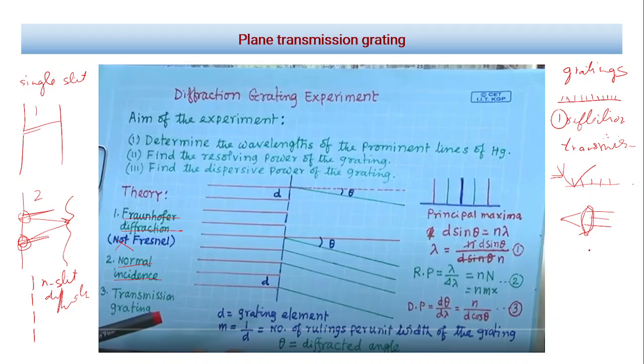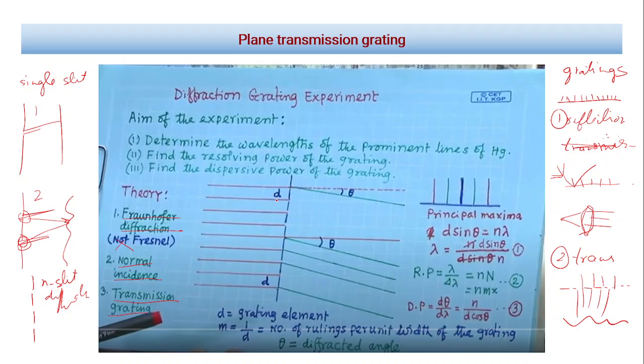Whereas another one is the transmission grating, with a lot of small openings through which light passes, then diffracts and gives us a pattern. This is the third condition: we are going to discuss the transmission grating.